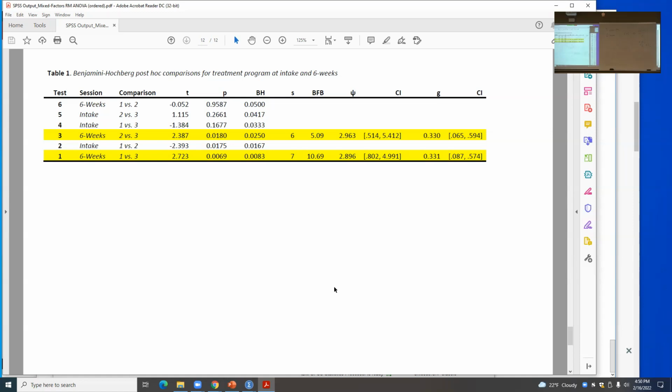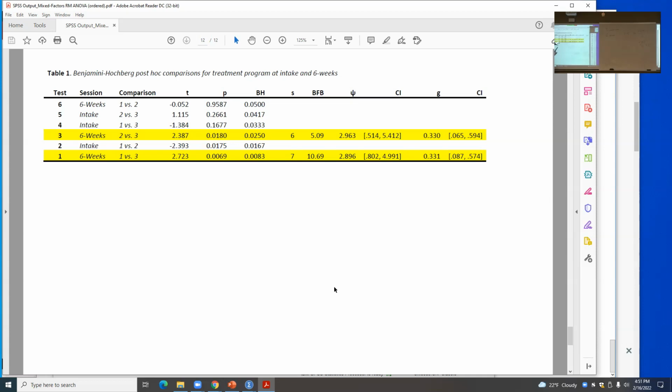And so with our Benjamini-Hochberg, we can say, based on the data, that we've got evidence for a potential difference between 2 versus 3 at that final assessment point, saying that program 3 is outperforming, or has lower scores than, program 2, with our corresponding S Bayes factor, difference in scores, confidence bound around that, and then our effect size. Index test 2 is here, 1 versus 2 at intake.